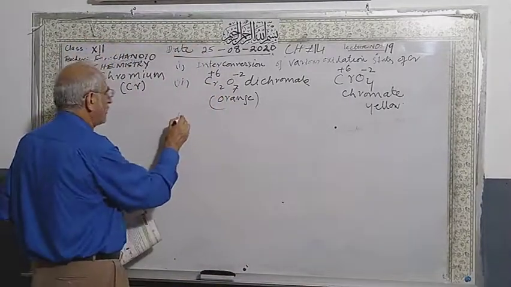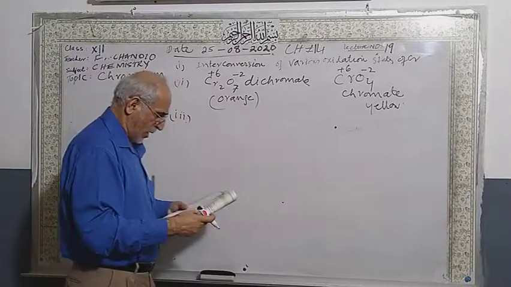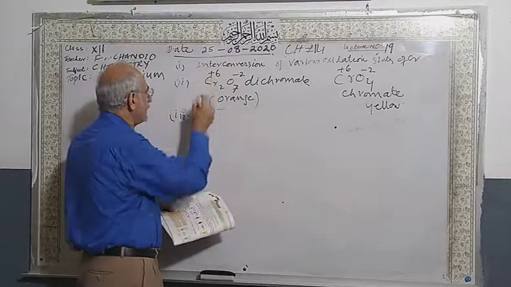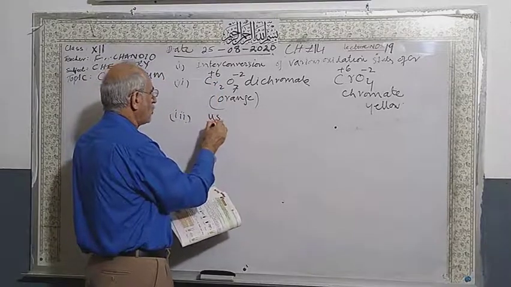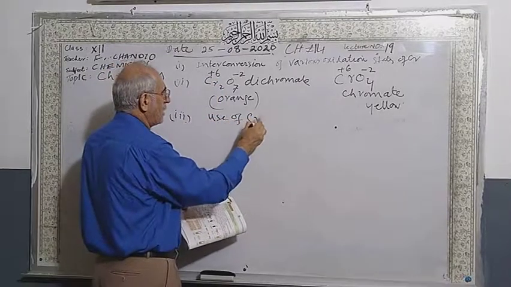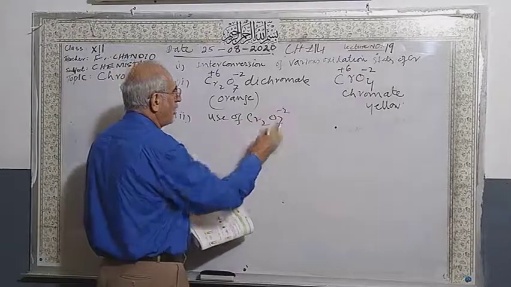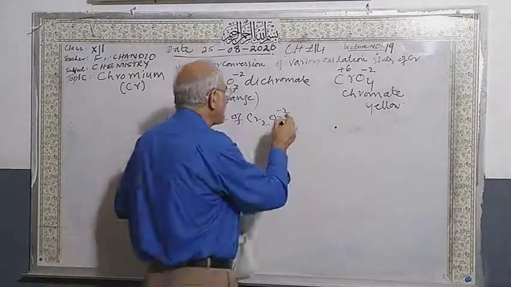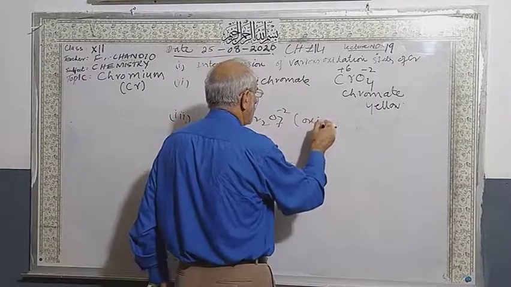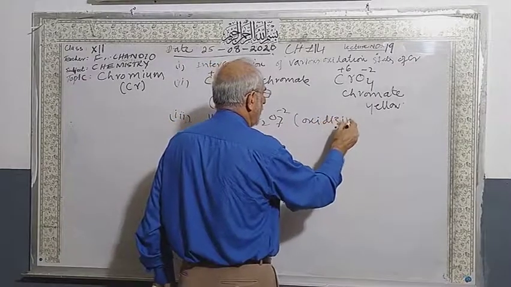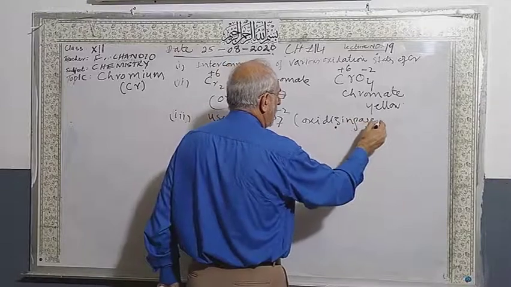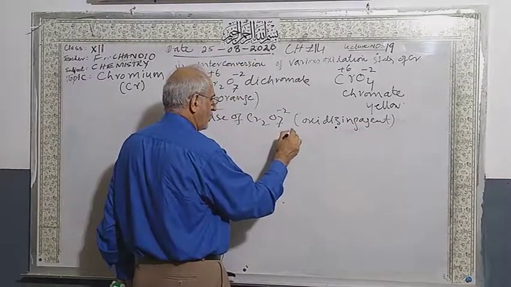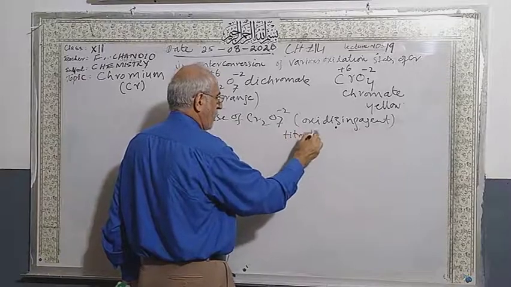Number three is the use of dichromate, meaning the use of Cr2O7 negative 2 as an oxidizing agent in the process of titration.